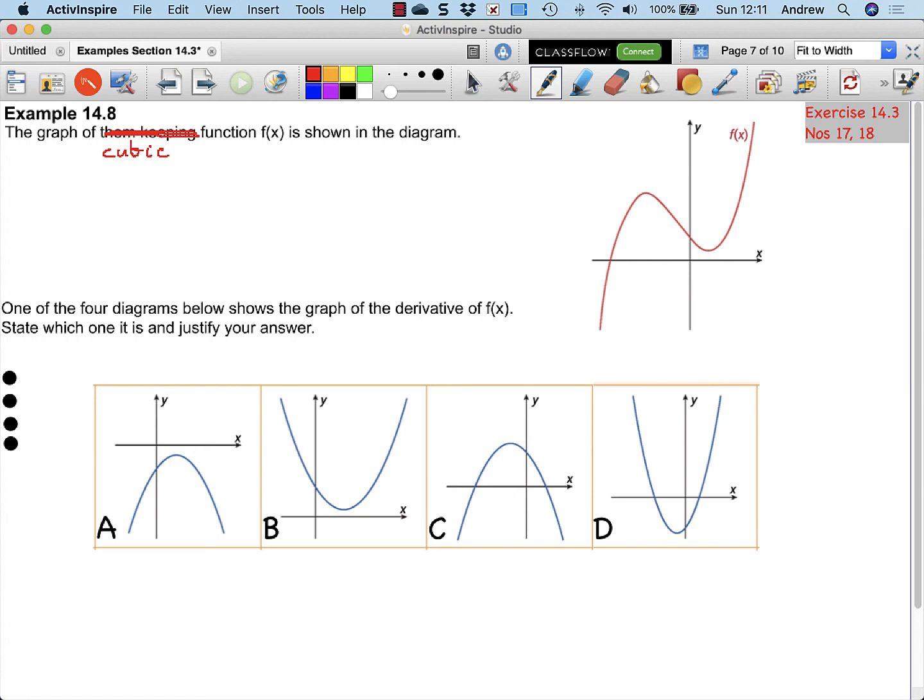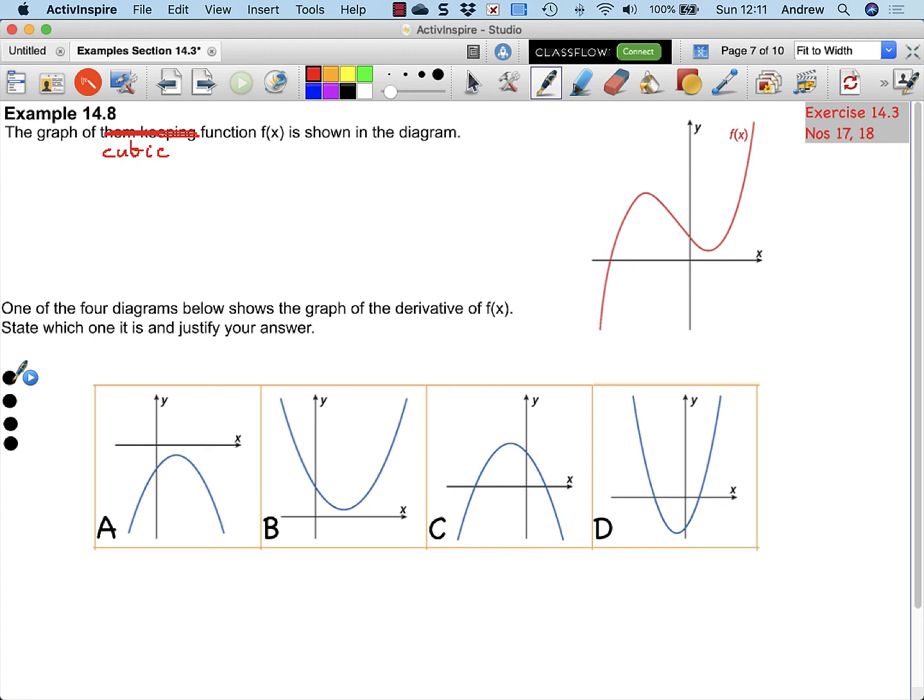Okay, so the way we do this is we go back to the cubic and we look at the slope. What they're saying to you is A, B, C, D are all quadratics, but only one of these quadratics will match the one above.